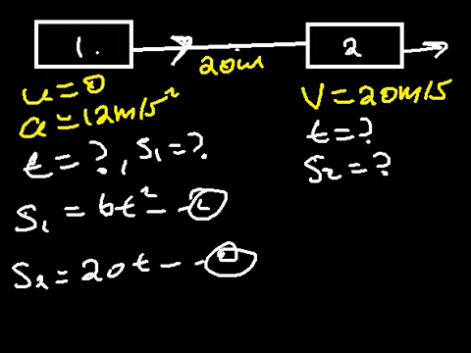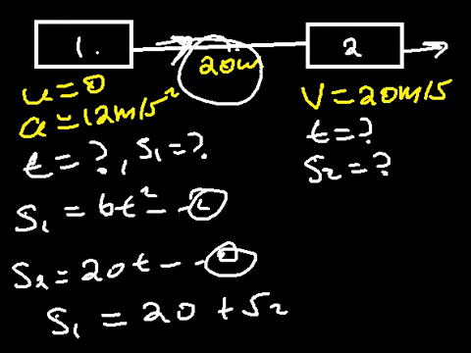So you have to understand that s1 is the same as the separation distance plus s2. For object 1 to catch object 2, it has to cover the separation distance and the distance object 2 covered in the time object 1 was covering this. With that, we'll be able to have the distance.